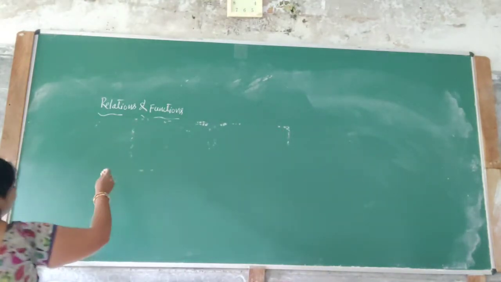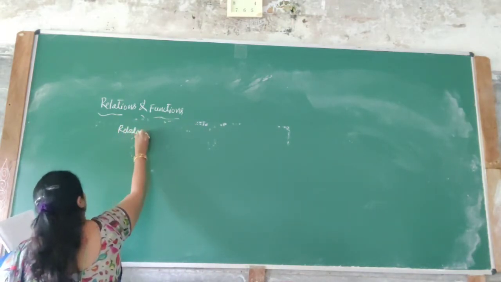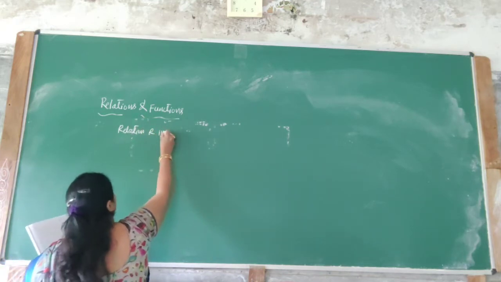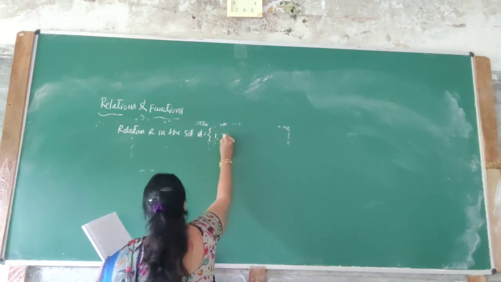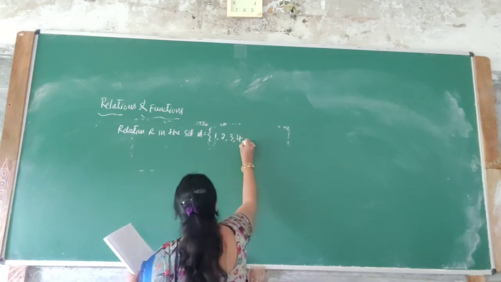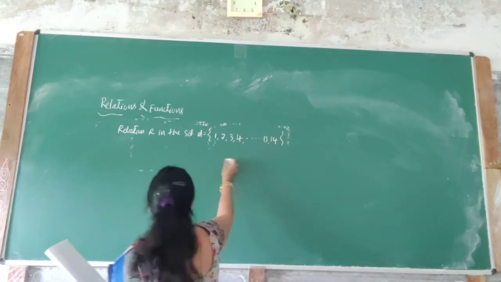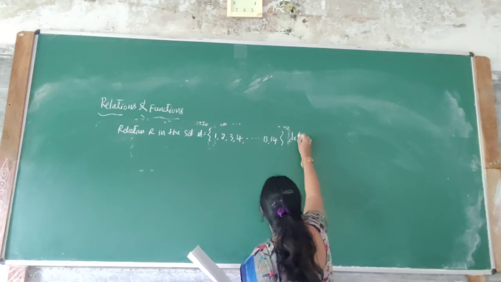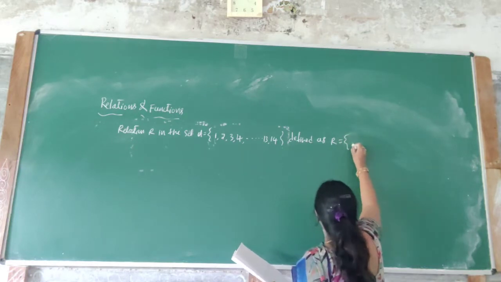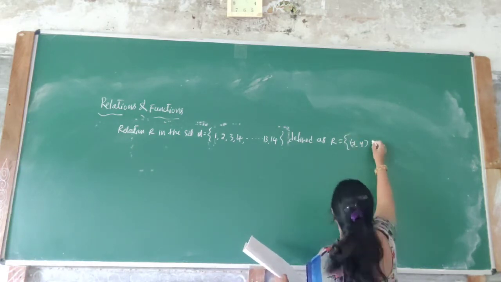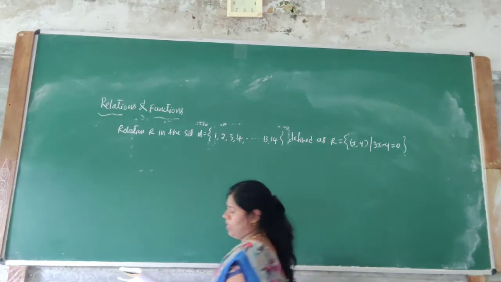Relation R in the set A is equal to {1, 2, 3, 4 up to 13, 14}, defined as R is equal to {(x, y) such that 3x minus y is equal to 0}.